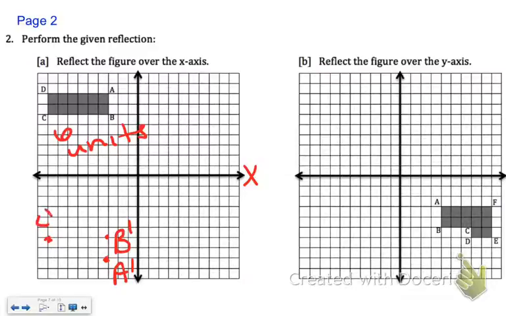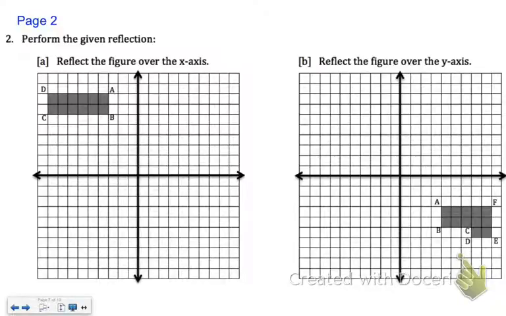So this is going to be C prime. And D is 2 units away from C, which means D prime will be 2 units away on the opposite side. You are still able to count an equal distance from your line of symmetry or your line of reflection, but it would save some time if you count the distance in the line segments to try to complete your image.